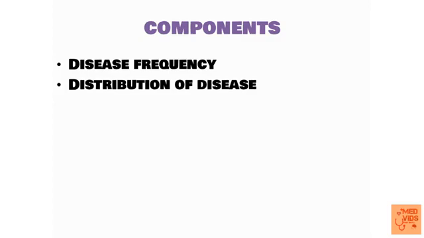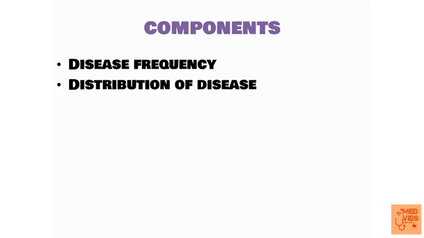Okay, so with the help of this clue, we will generate a hypothesis as to what the possible cause of this condition in these people will be. This type of epidemiology where we generate or formulate a hypothesis is called descriptive epidemiology.